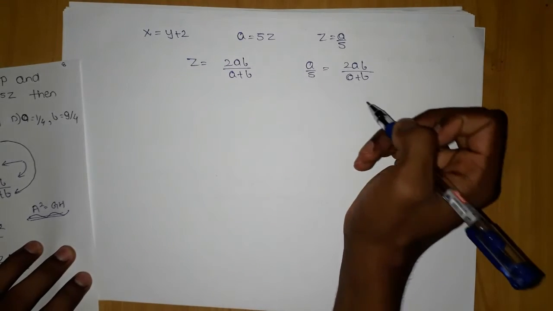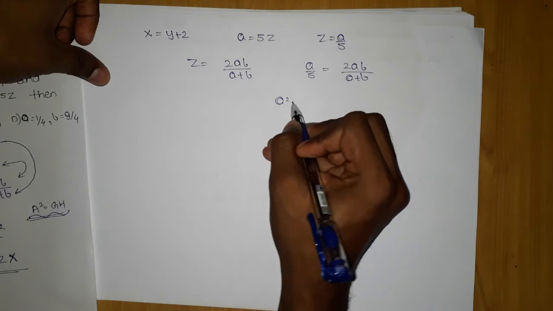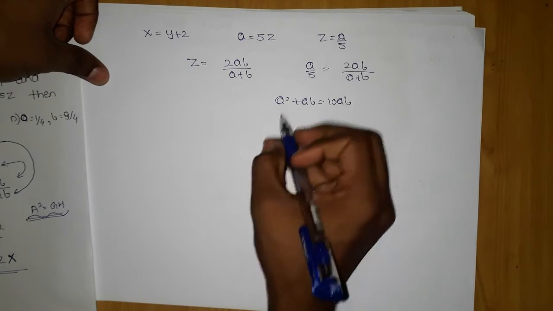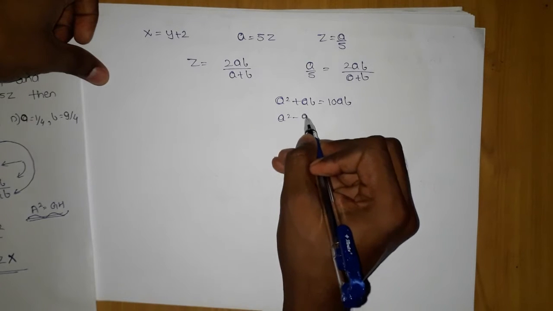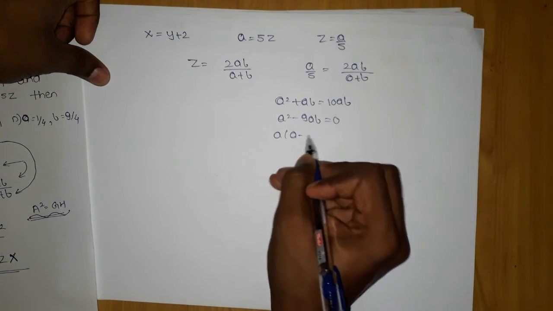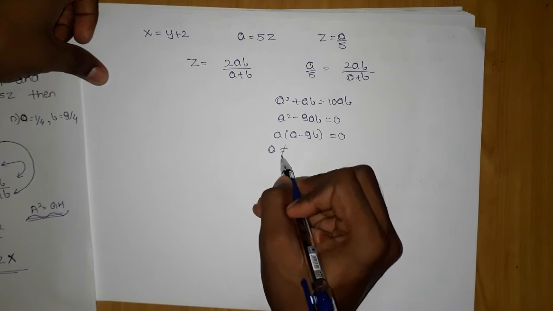If I multiply it, what we are getting is a square plus ab should be equal to 10ab. We are getting a square minus 9ab equal to 0, that is a into a minus 9b should be equal to 0, giving me a not equal to 0.